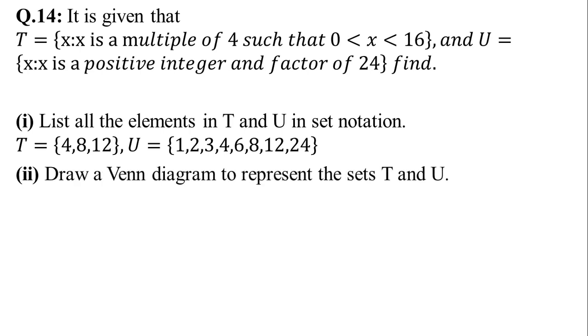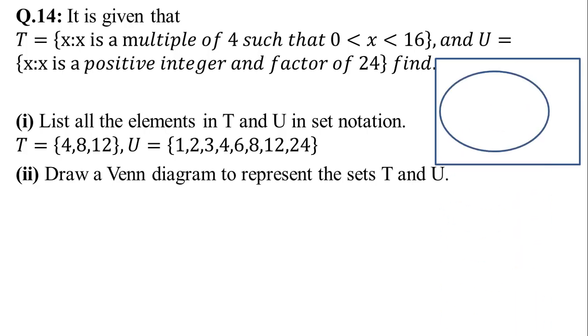In the second part, draw the Venn diagram to represent the sets T and U. We see that all the elements of T are in U, so T is a subset of U, and we draw the diagram accordingly.